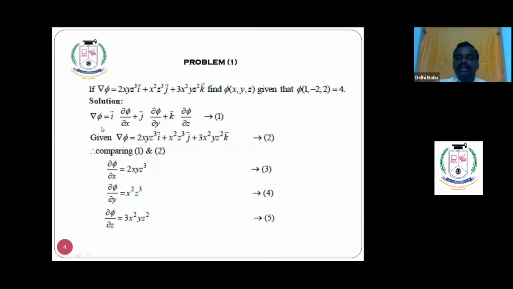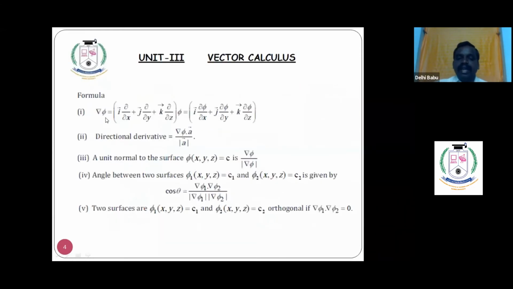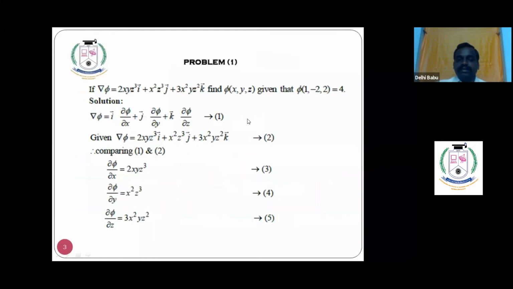Okay, first of all, del phi. Already I gave the del phi formula. What is del phi? i vector dou phi by dou x plus j vector dou phi by dou y plus k vector dou phi by dou z. That's instead of del phi, I will write this, which is equal to, in the right hand side, the value I was given.